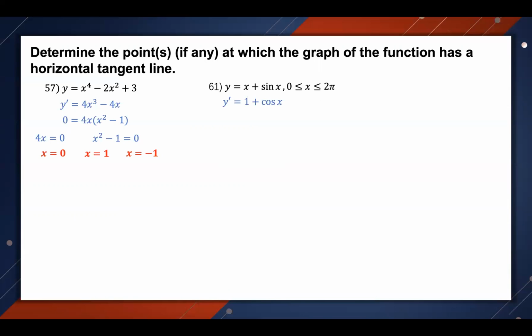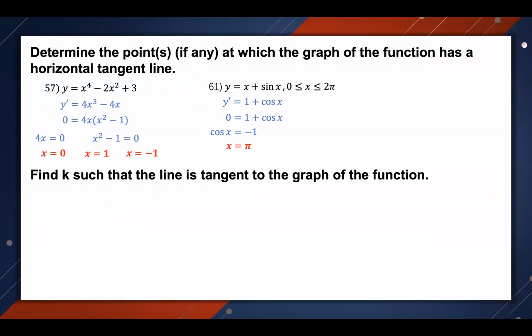First step, we get y prime equals 1 plus cosine x, and we set it equal to 0. So x would be pi, which is in the domain between 0 and 2 pi.